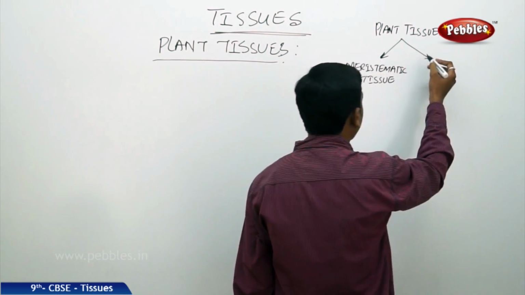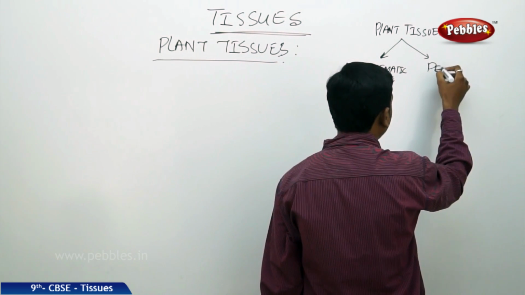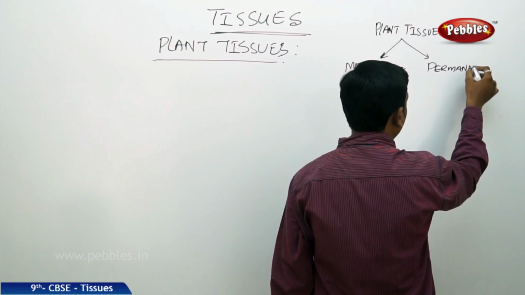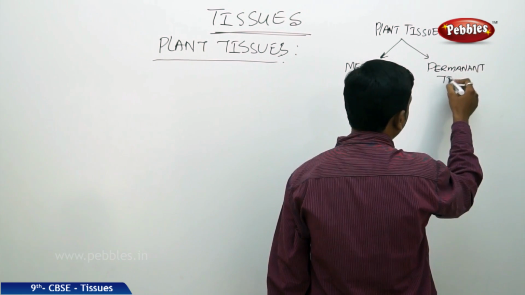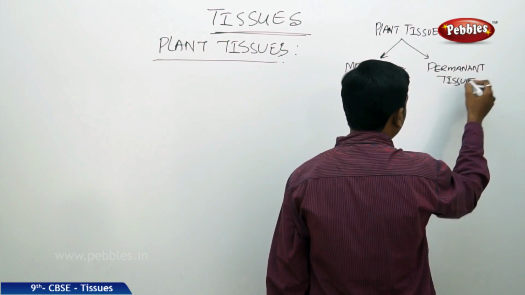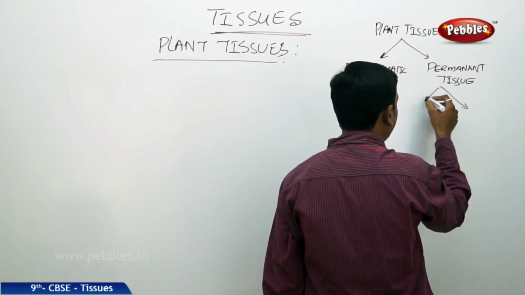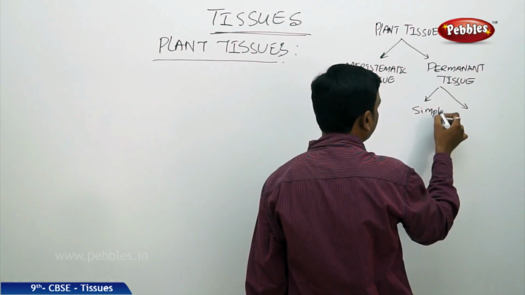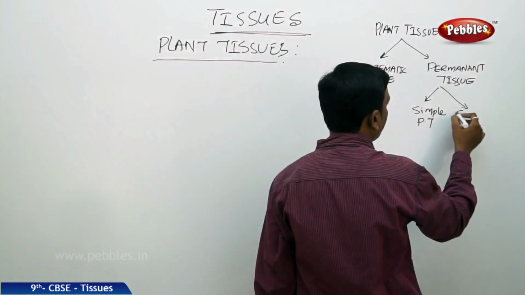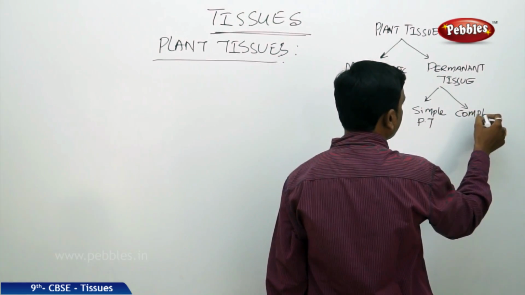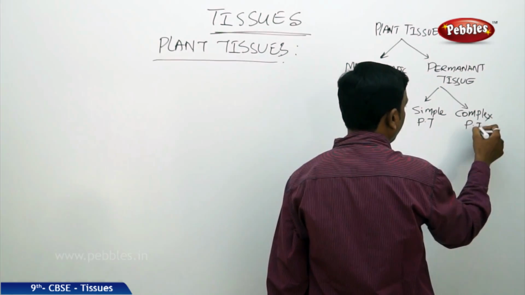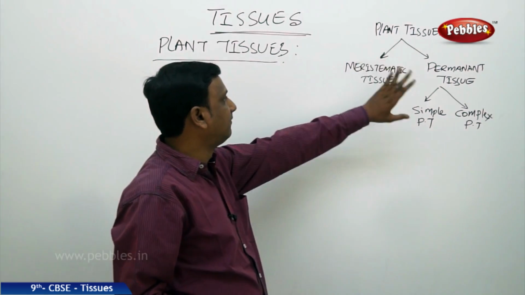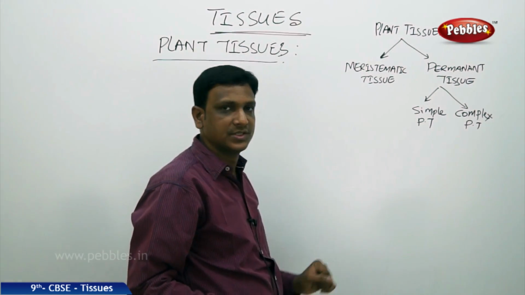And the tissue which is not growing is called permanent tissue. This permanent tissue is again divided into simple permanent tissue and complex permanent tissue. So this is the basic classification of plant tissues.